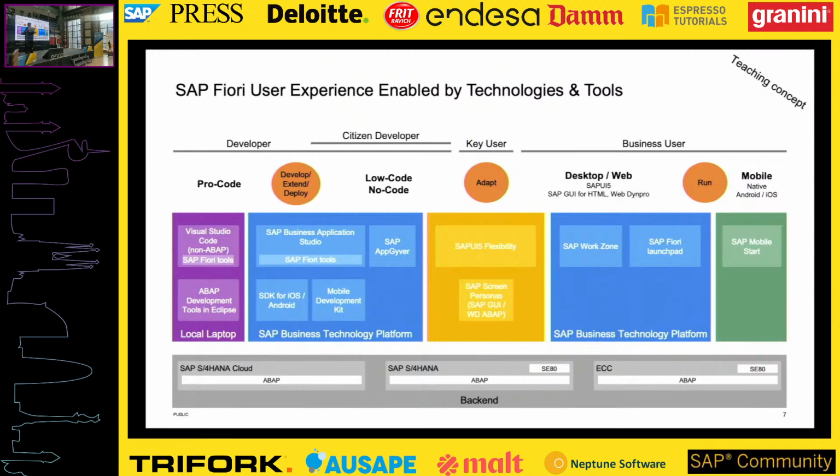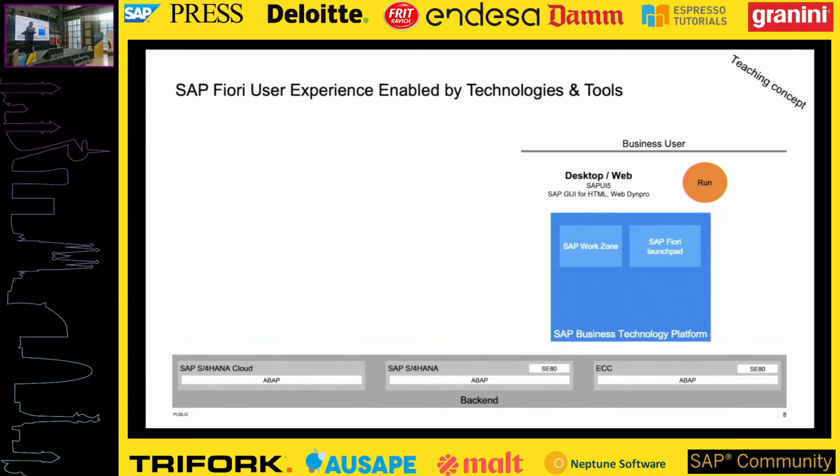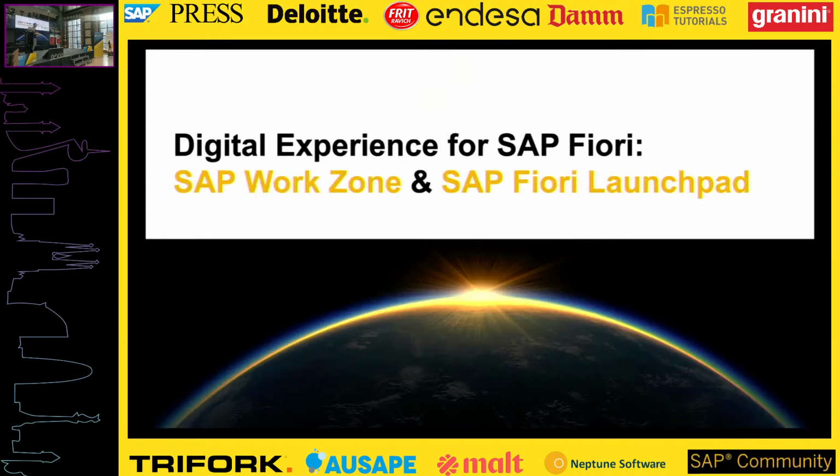And for mobile, to launch mobile applications, we have SAP Mobile Start. So this is basically the agenda of my talk. So let's start with calling business applications in web, looking at Workzone and SAP Fiori Launchpad.